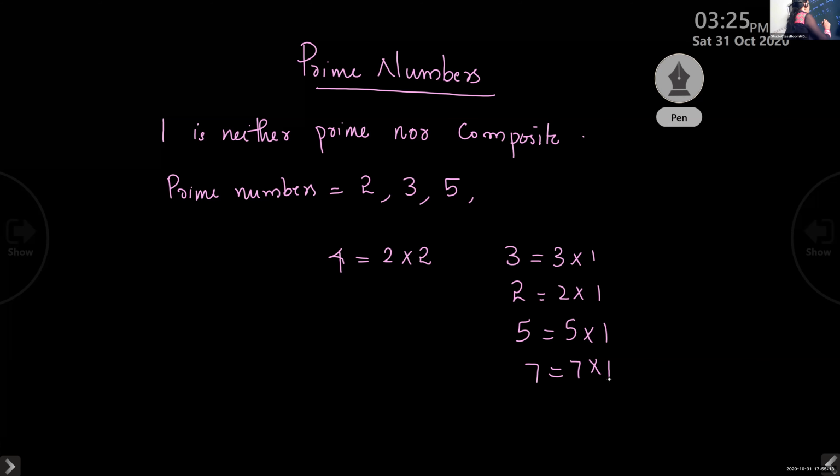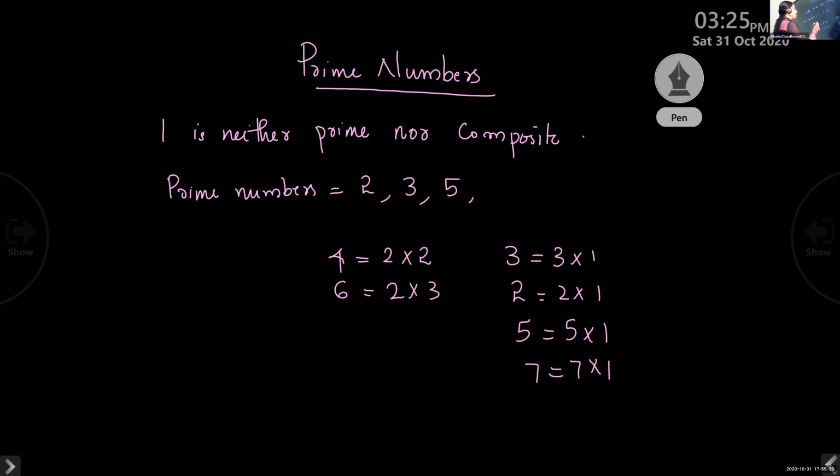Okay, children. But look at 4. 4 has some other factors: 2 and 2. Then look at 6. 2 into 3 is 6. So not only 1, but it has some other factors also.